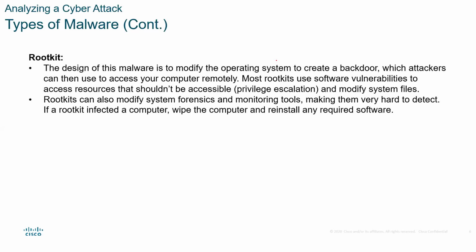Rootkits can also modify system forensics and monitoring tools, making them very, very hard to detect. So if a rootkit infects a computer, wipe the computer and reinstall the entire software.